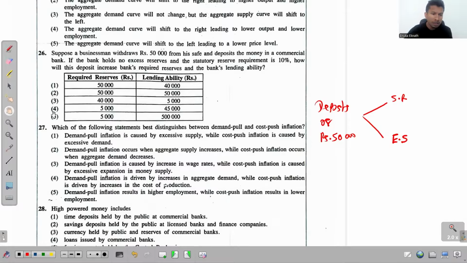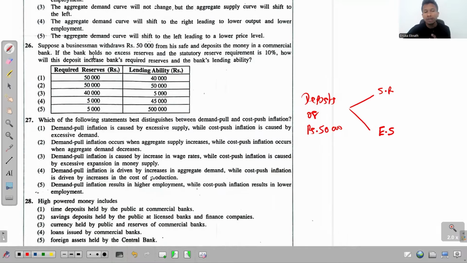So how much is the statutory reserve that is relevant to this rupees 50,000? 10% on 50,000. So if you calculate 10% on 50,000, you get the statutory reserve, 5,000, which means the required reserve that the bank should maintain from this 50,000 is simply 5,000. And as I mentioned earlier, they can use the excess reserve to offer loans.